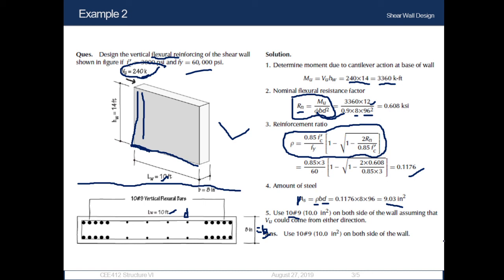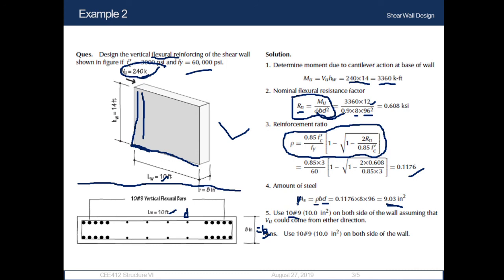The area of a number 9 bar is 1 inch square. If we use 9 number 9 bars, that means 9 inch square. No, it doesn't meet the requirement. But if we use 10 number 9 bars, that means 10 into 1, which is 10 inch square, then it meets our requirement. In that case we need to round up.